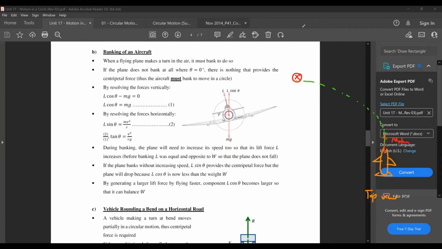So when it tends to curve or turn like this, the motion is actually part of a circle.